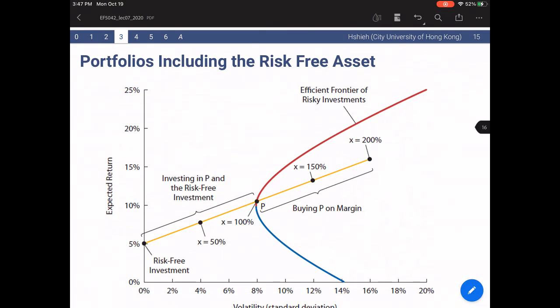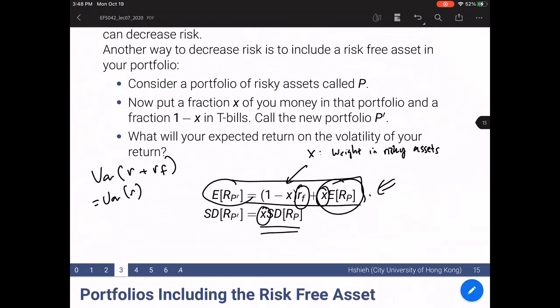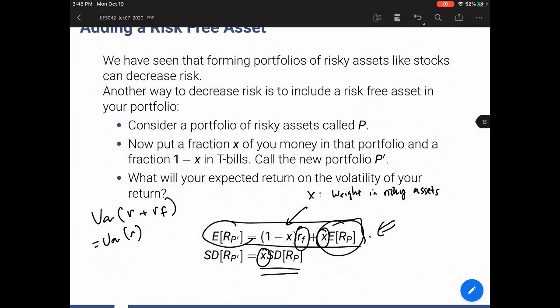Okay, so recall the previous formulas. We kind of chose an arbitrary risky portfolio, right? We don't know where that is along the frontier, but it's definitely in the red part. And let's just say the risk-free return is 5%, and therefore, not surprisingly, it's going to be a linear relationship, right? Because we're simply shifting weights from one return to the other, so this relationship should definitely just be a straight line.